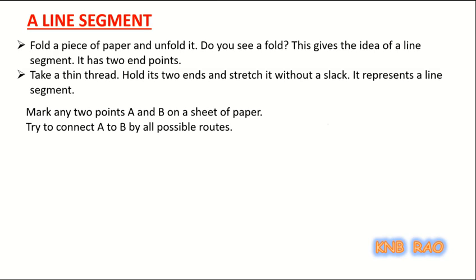I took a point and named it A. Another point, I took it and I am naming it B. Now, can we connect A to B with some routes? Here I am joining one like this. Come on, draw.